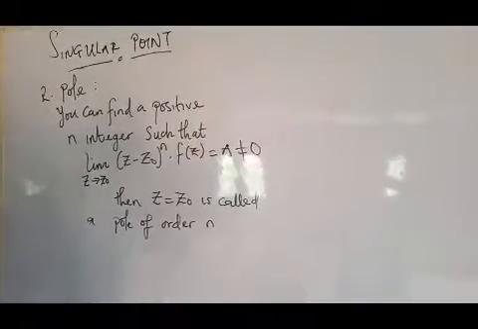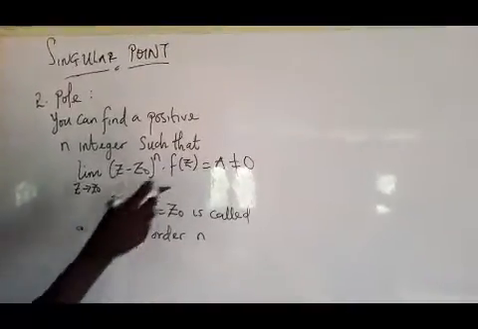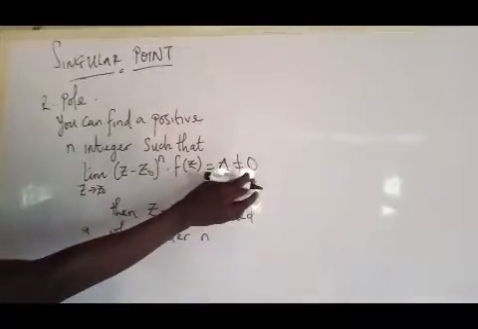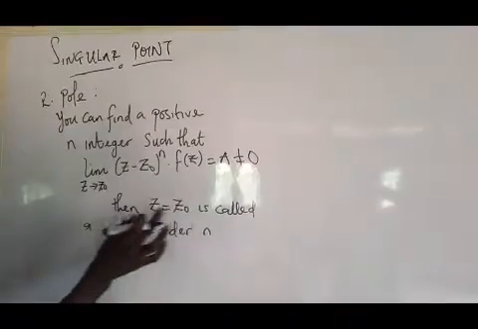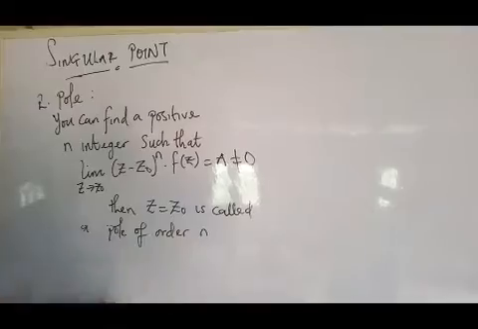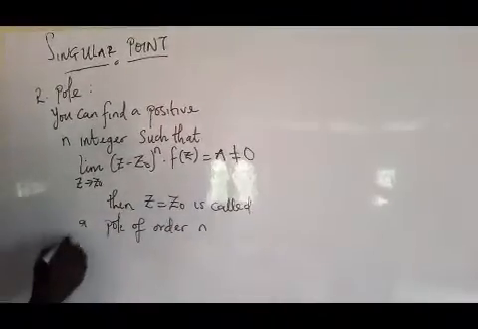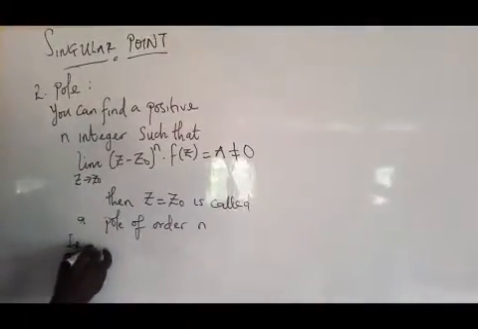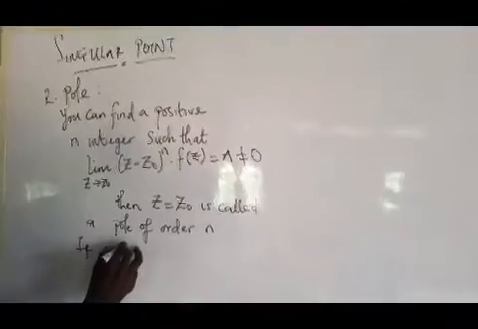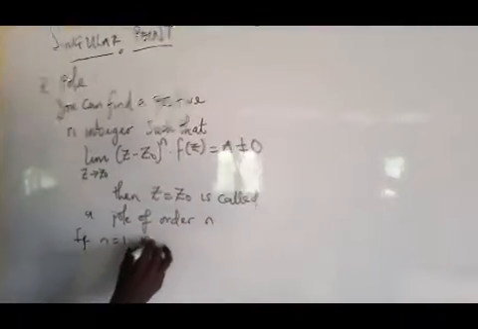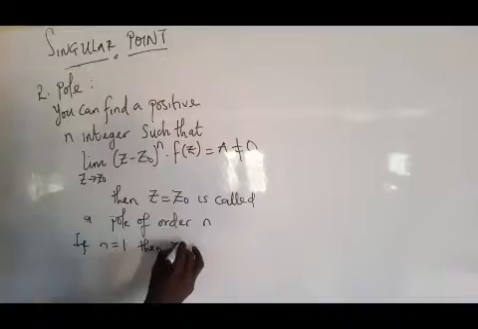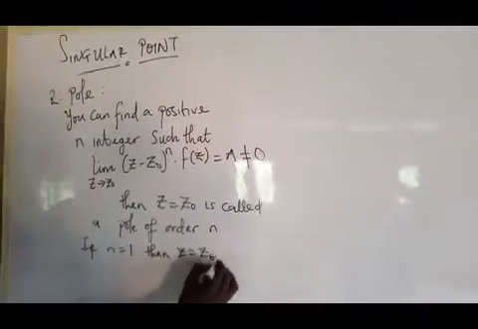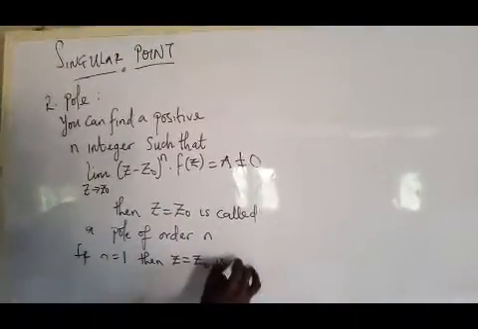So if this is giving us a number and not 0, then you call z equals z naught a pole of order n. Now if n equals 1, then z equals z naught is a simple pole.